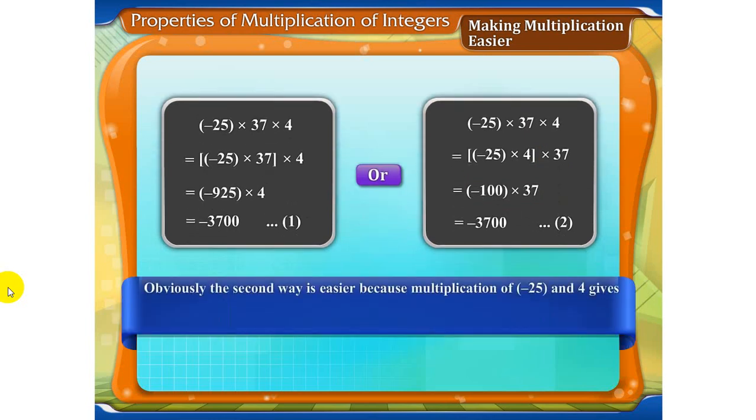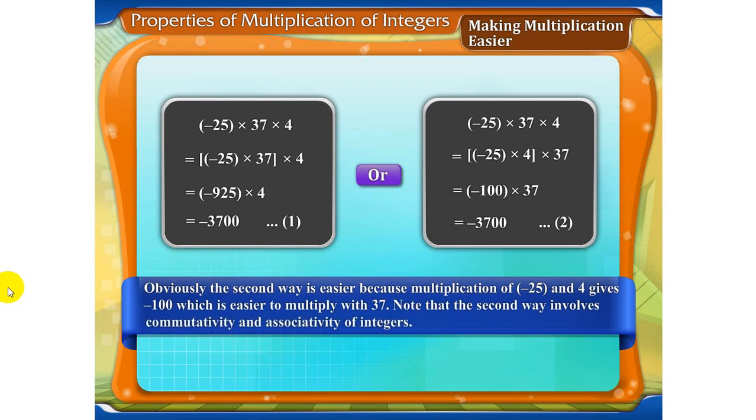Obviously, the second way is easier because multiplication of negative 25 and 4 gives negative 100, which is easier to multiply with 37. Note that the second way involves commutativity and associativity of integers.